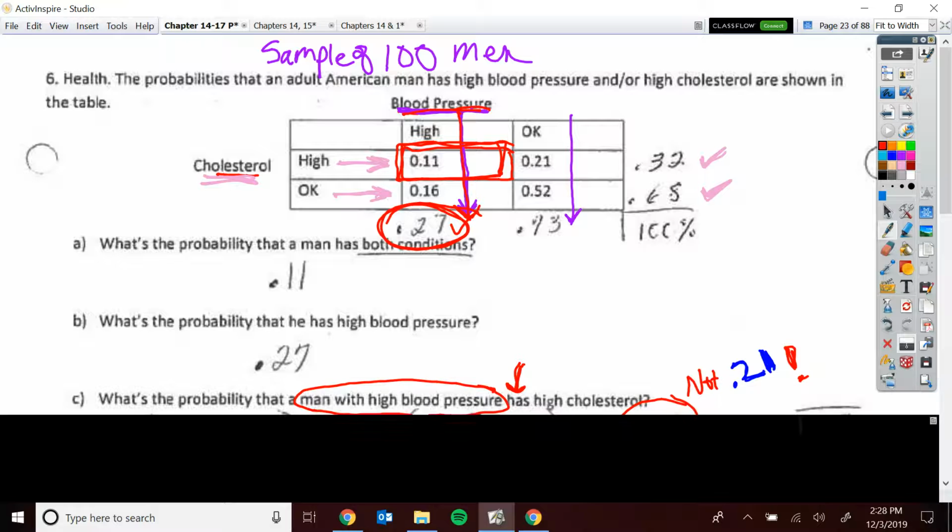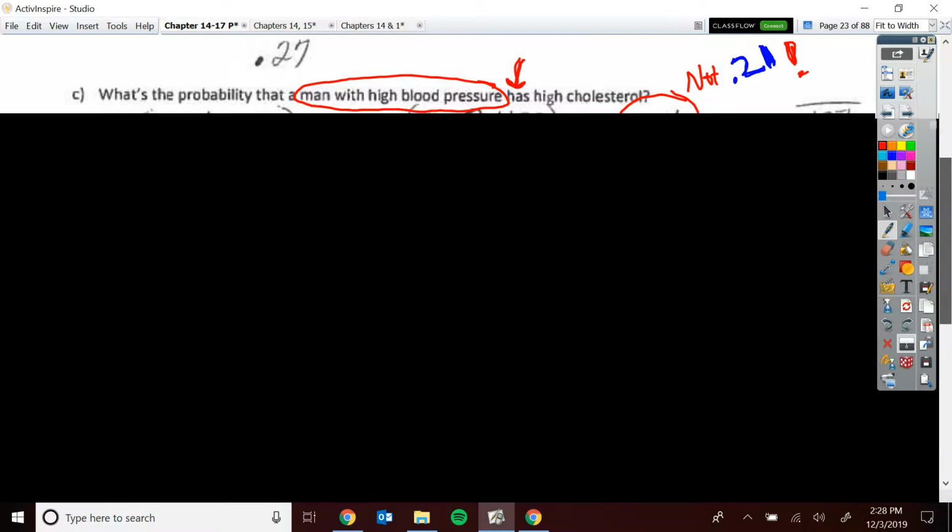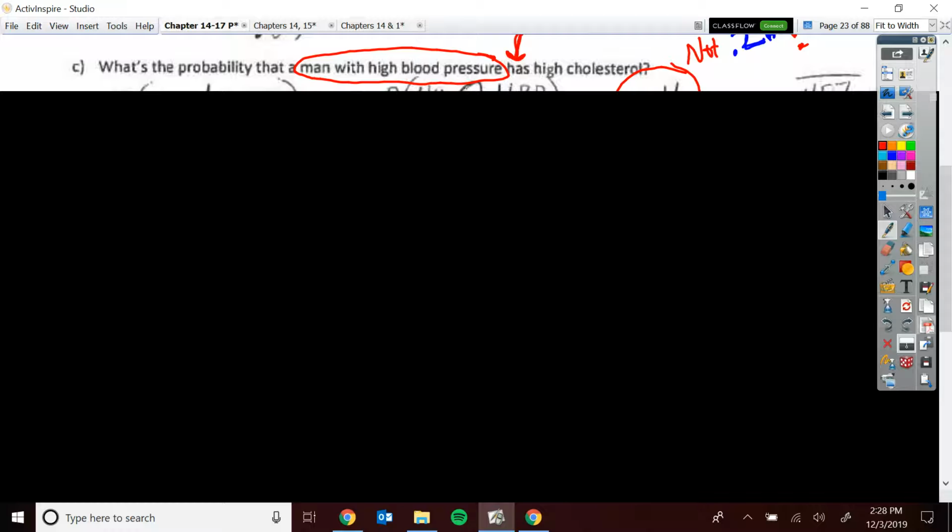So in this first question here, it says, problem C, what is the probability that a man with high blood pressure has high cholesterol? So I know a fact about the person I'm sampling. I have picked a person, and that person has what? High blood pressure. So that is the given part.